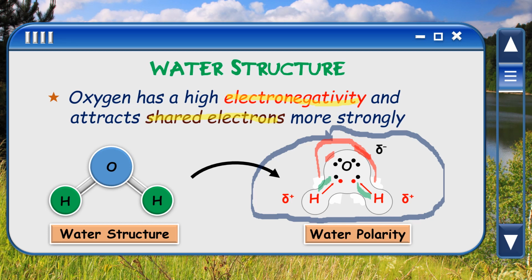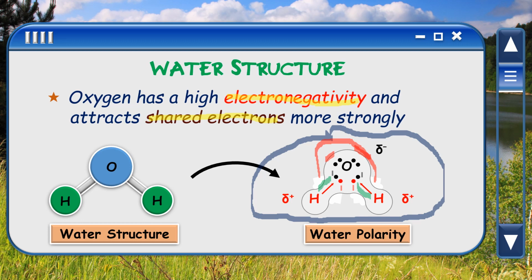Now the electron which is black here is provided by oxygen, and this other black electron here is also provided by oxygen. The red electron here is provided by this hydrogen, and this electron here is provided by this hydrogen.